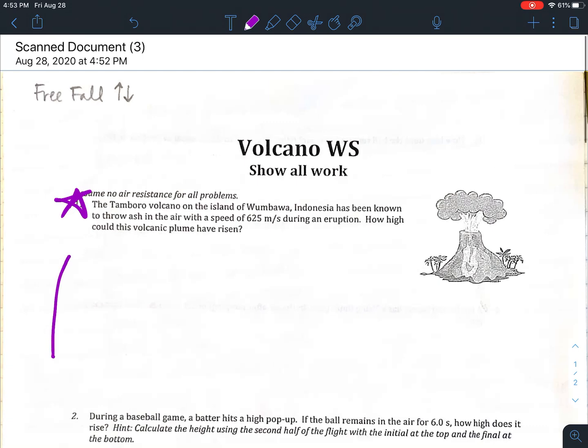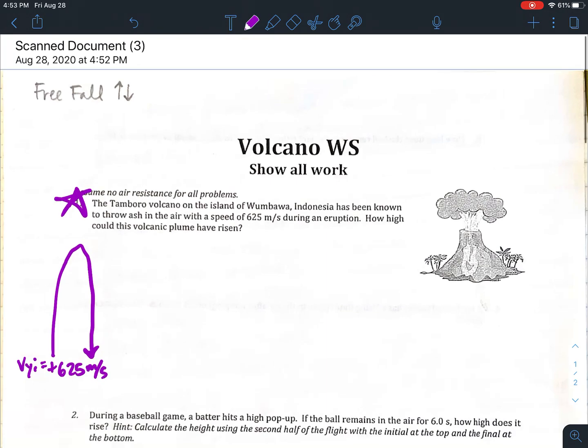Okay, so our volcano is going to spit ash into the air. The ash is going to go straight up and come straight back down. And it tells you that it throws the ash up in the air with a speed of 625 meters per second. So that means that VYI is 625 meters per second, right? And then we know some other givens.